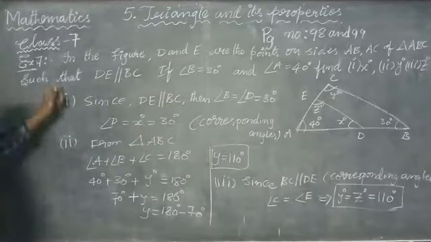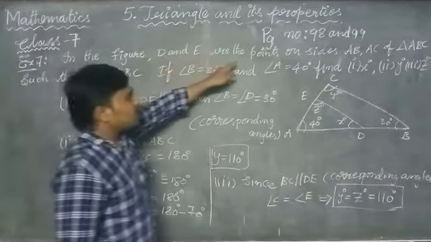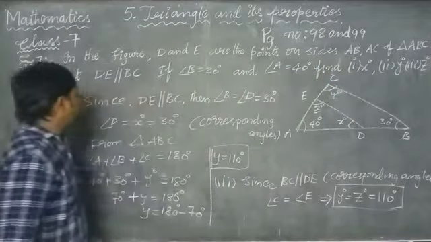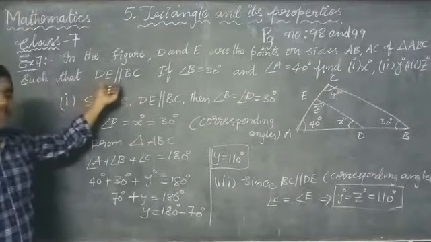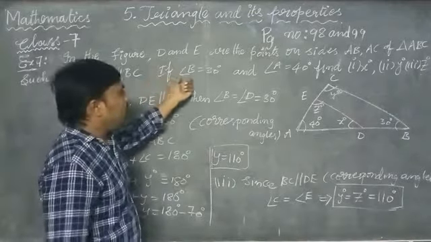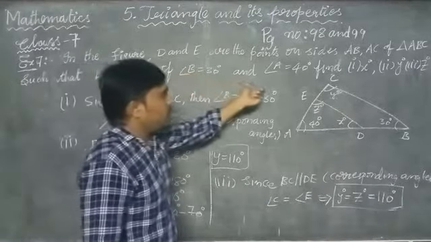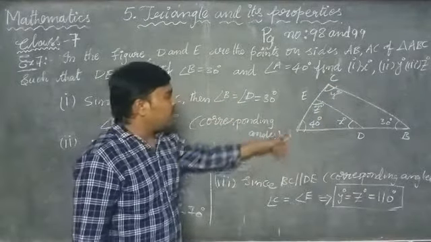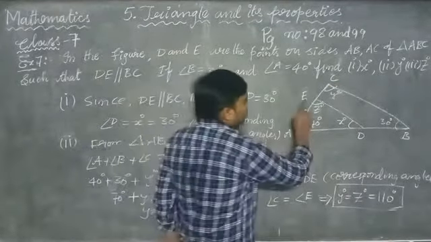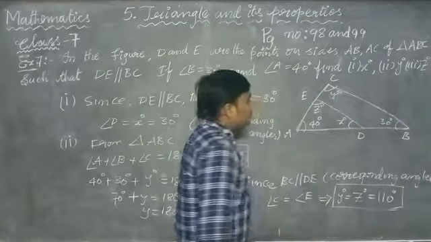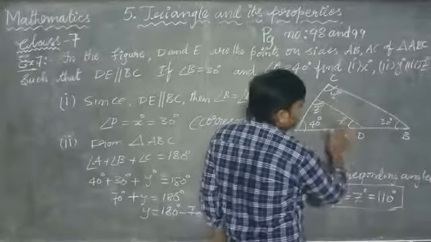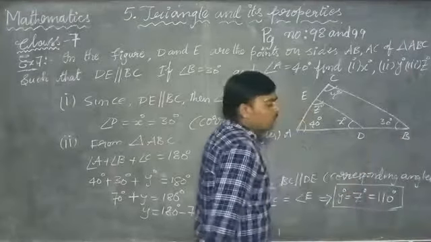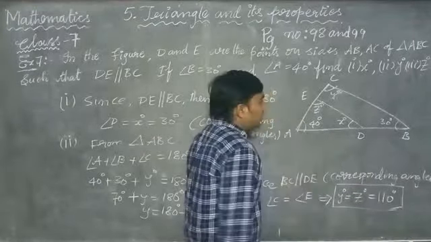Once again, in the given figure D and E are points on the sides AB and AC of a triangle ABC such that DE is parallel to BC. If angle B equals 30 degrees and angle A equals 40 degrees, find x, y, z. They have given two parallel lines, DE and BC, so the corresponding angles, angle B equals angle D, so x equals 30 degrees.